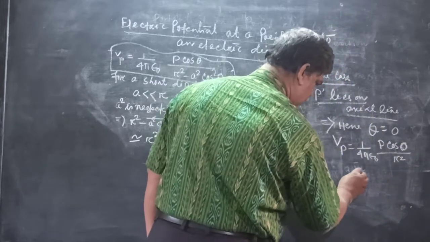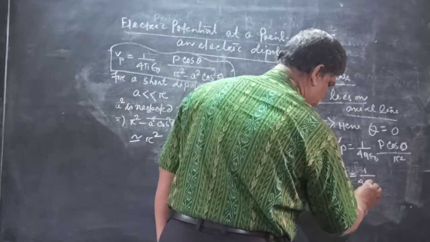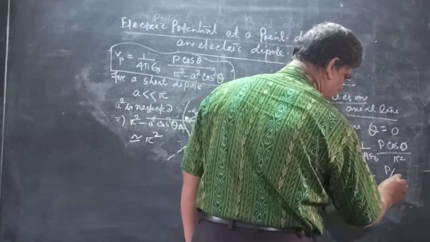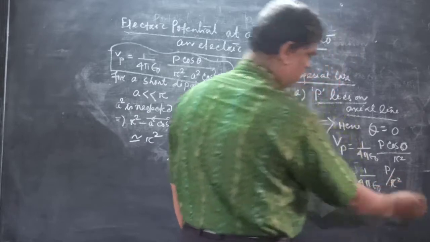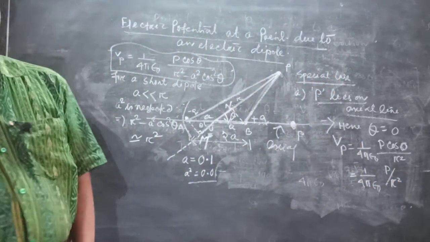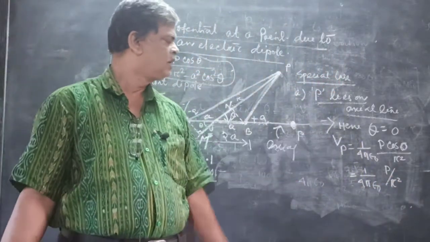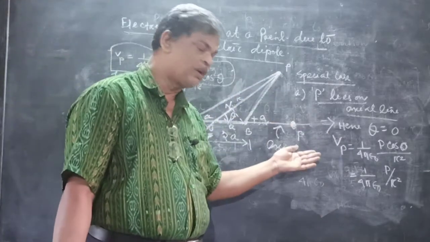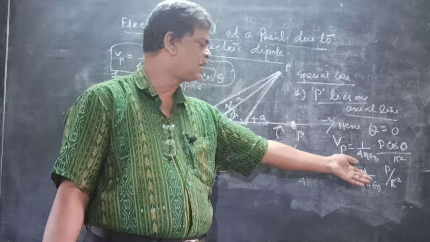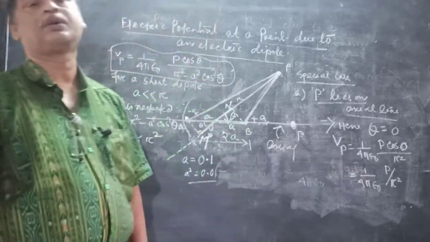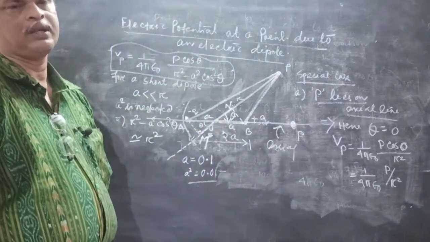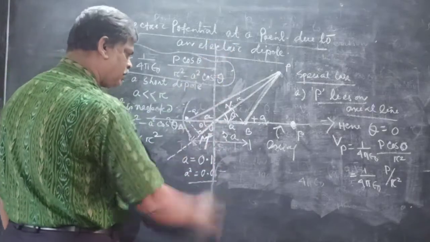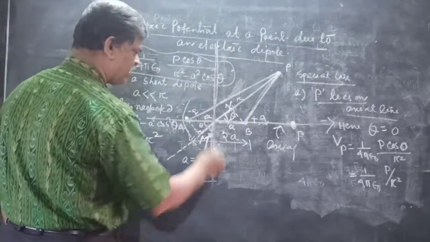So this is equal to 1 by 4 pi epsilon 0 P by r square. So due to the dipole, if the point P is on the axial line, the potential is 1 by 4 pi epsilon 0 P by r square. Clear? Same thing we will do for the potential if the point is on the equatorial line.